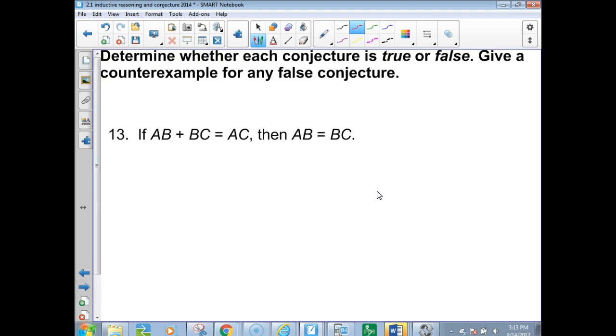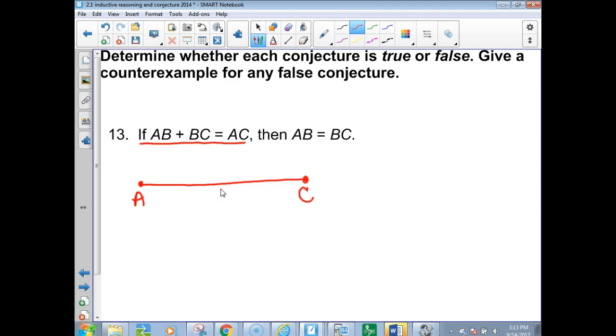All right. I think we're getting close to being done. If AB plus BC equals AC. All right. I'm going to make something that makes this true. B is going to have to be in between A and C to make this a true statement.